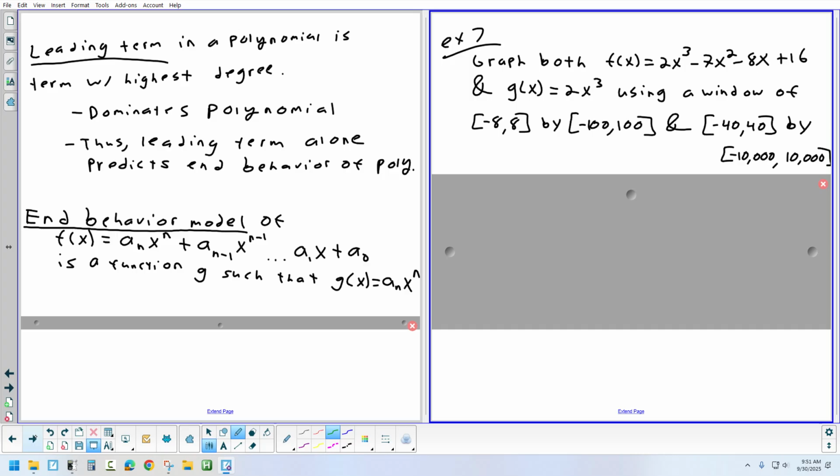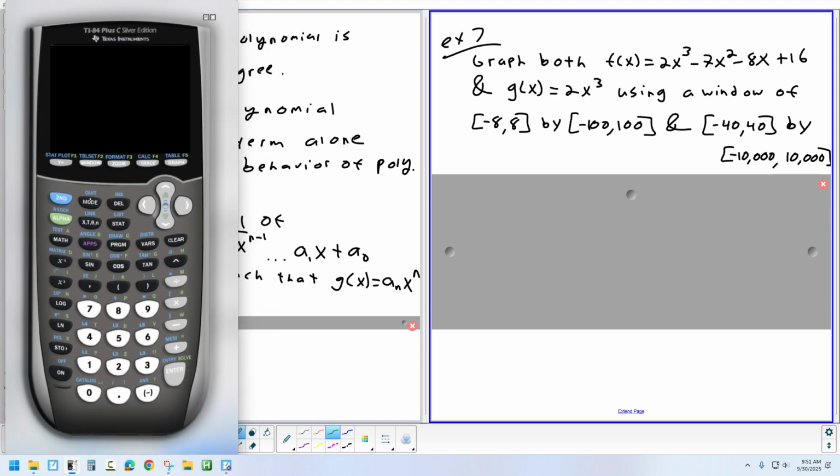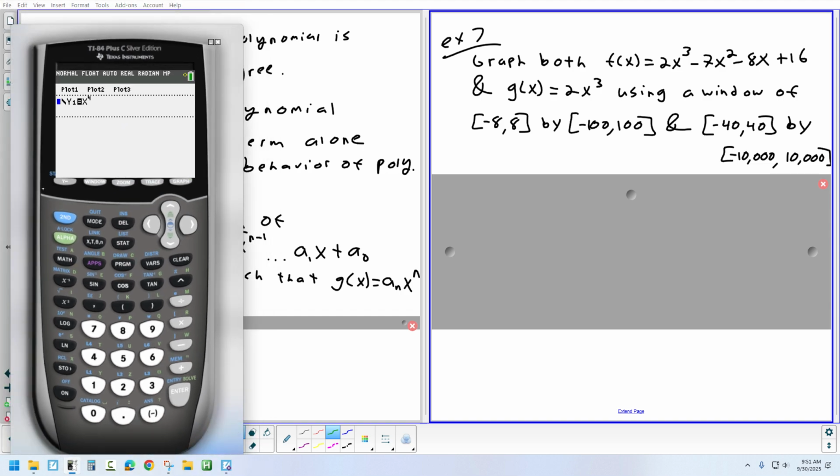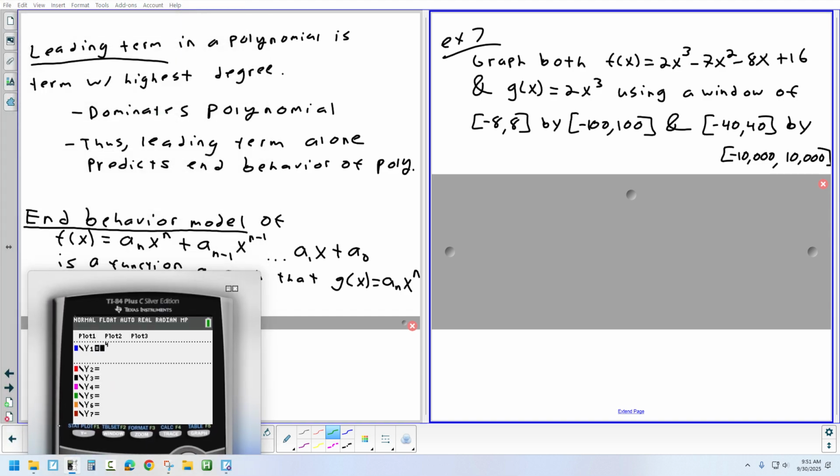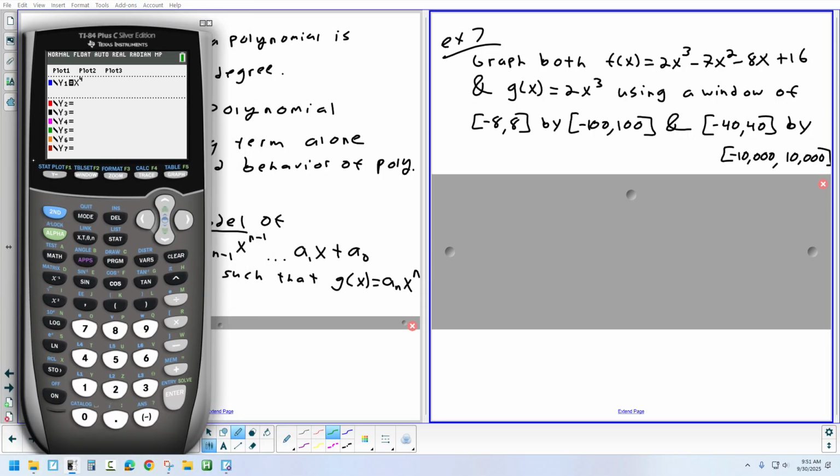So let's graph f of x and g of x. Okay, f of x is a polynomial. g of x is the EBM, the end behavior model for it. And let's see if they look the same. Okay, so they tell me to graph, and they give me the window they want me to use.